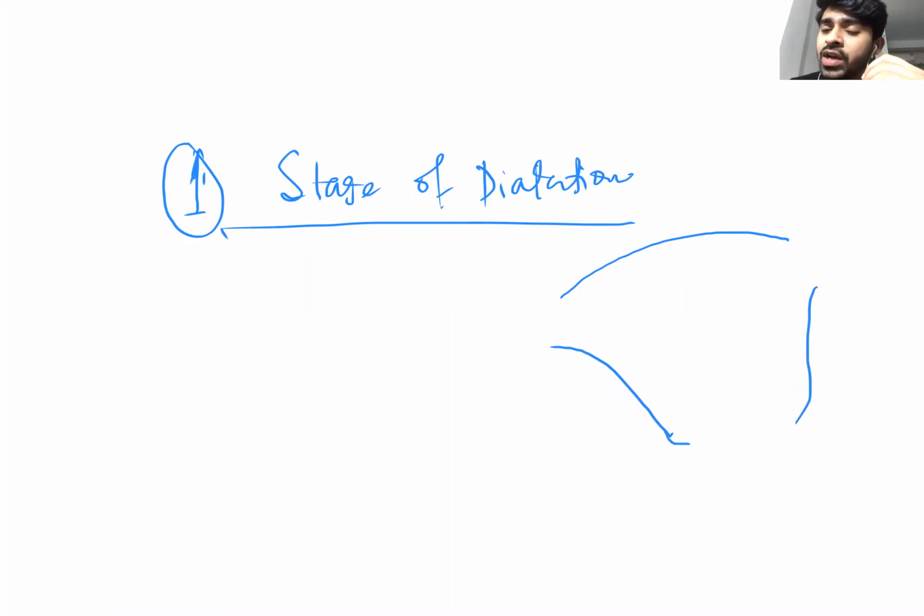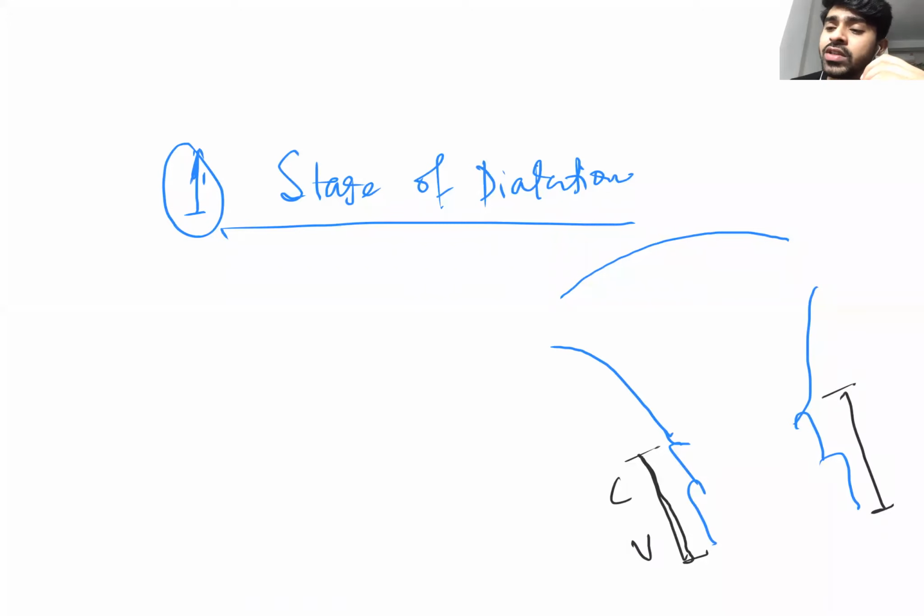You have to prepare the passage of delivery. Can you tell me what is called the birth canal? I have already discussed in the anatomy of the female genital tract that the cervix and vagina, both together, are known as the birth canal, because through this passage the fetus will come down.